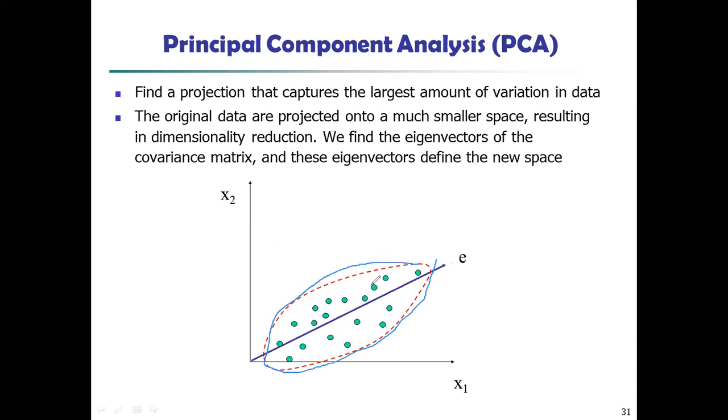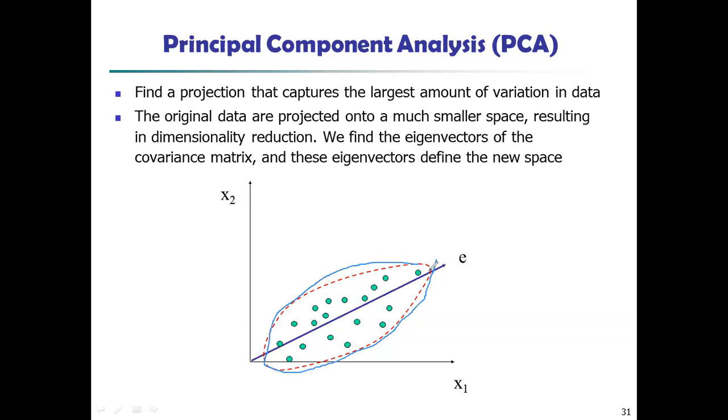These points are represented as the data, and you have to reduce its dimensions. We find the eigenvectors, the eigenvector values for this data. You can find the eigenvectors of the covariance matrix.